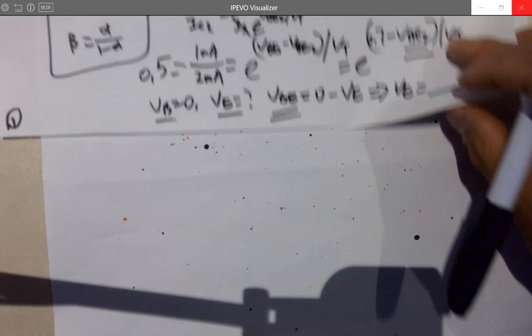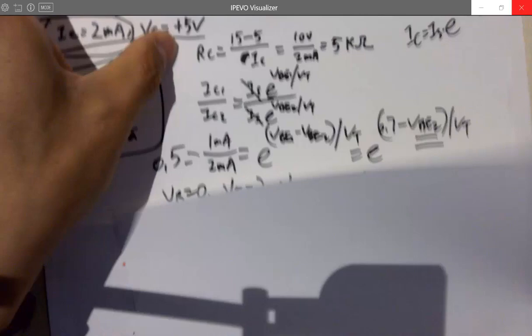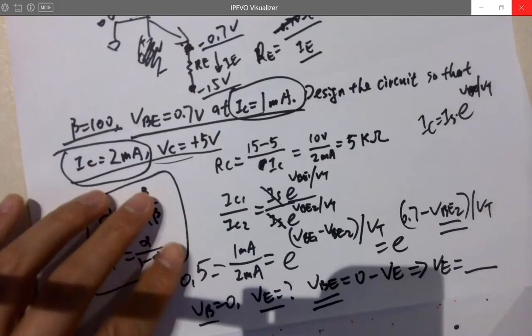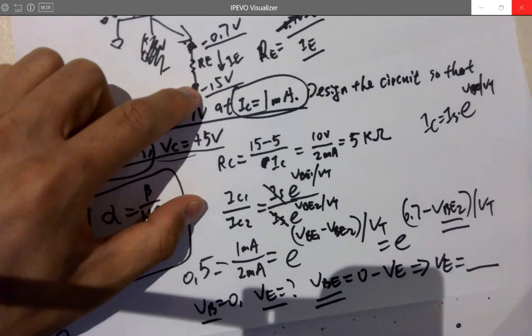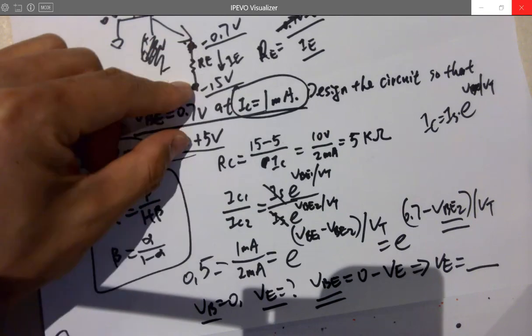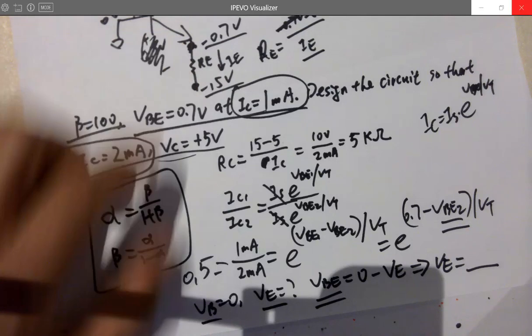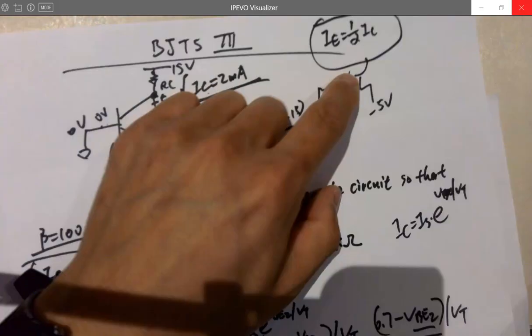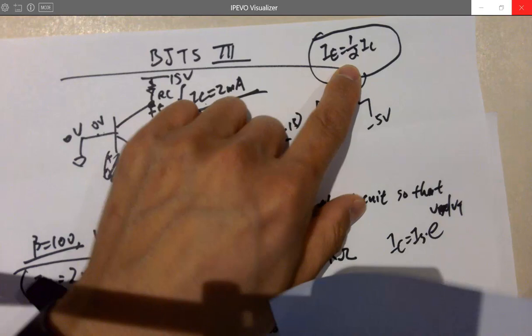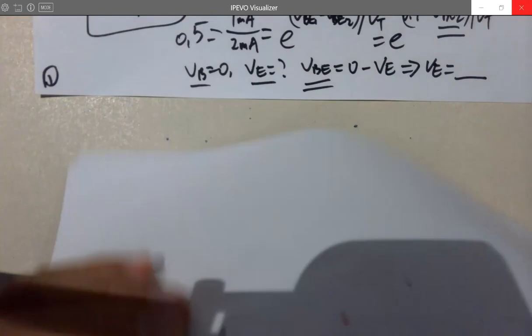What's next? You know the voltage here and the voltage here, you just do Ohm's law, right? Voltage minus voltage divided by IE. Do you know IE? Yes. So you can find RE.